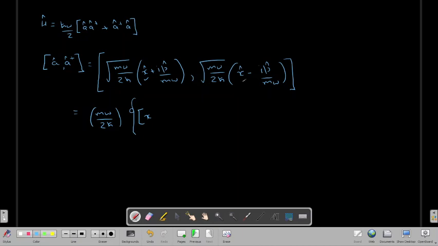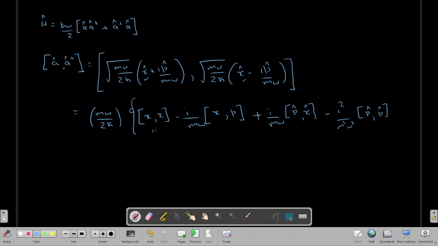This will be x with x, so x comma x, plus the other thing will be x with p, so minus I by m omega x comma p, and there will be p with x, so it will be positive I by m omega p comma x, and minus I square upon m square omega square, but the commutation is with p itself, so this term is 0, this term is also 0. We have only these two terms with us.